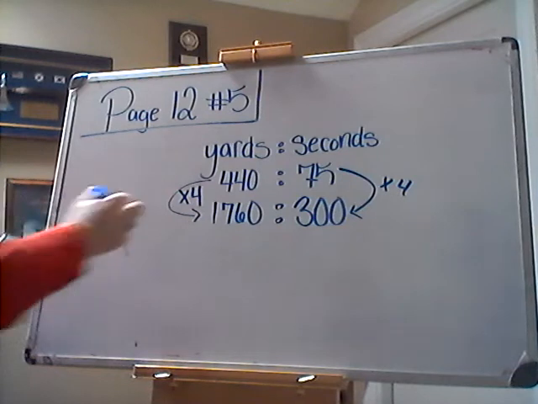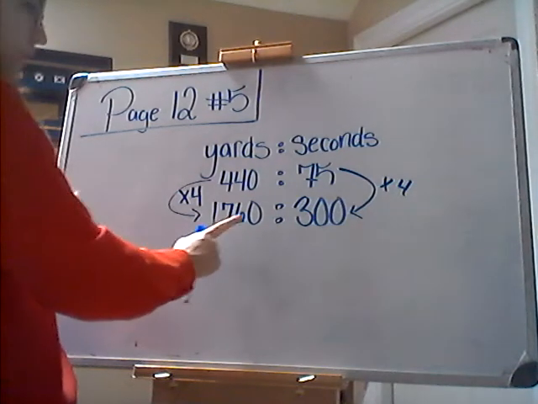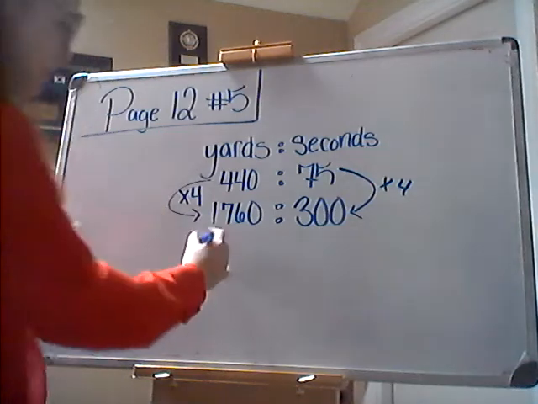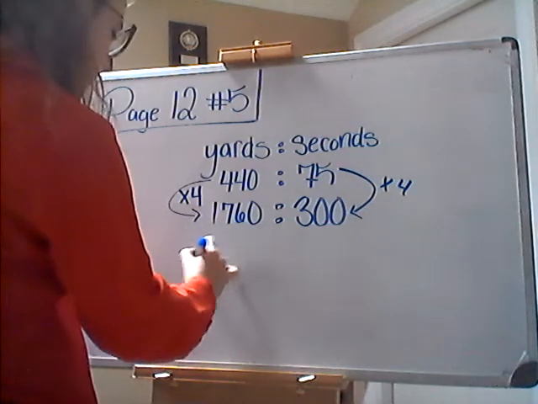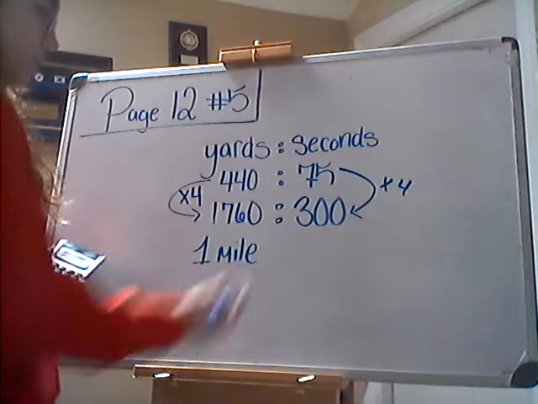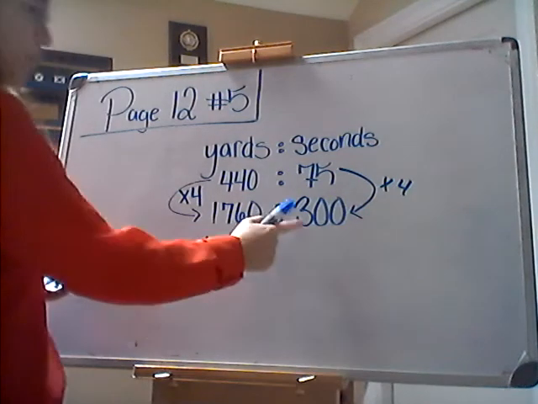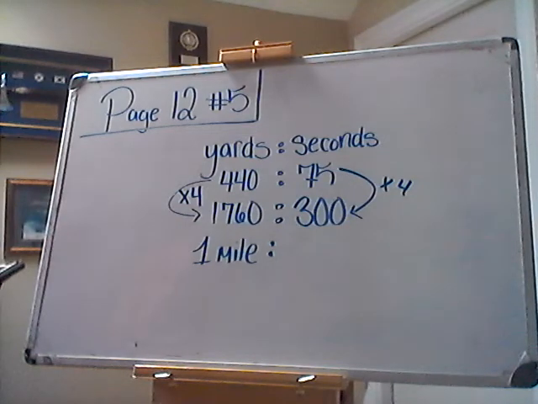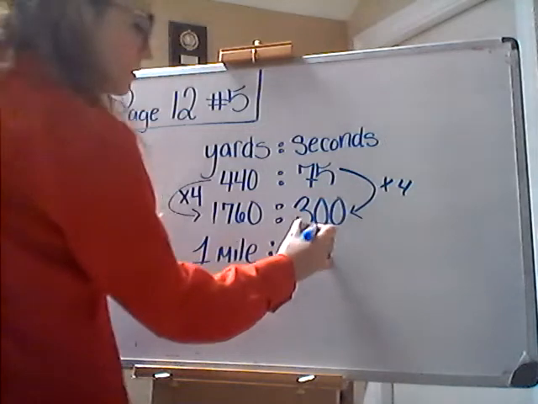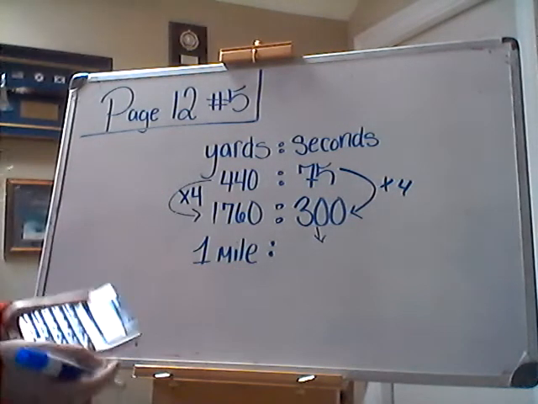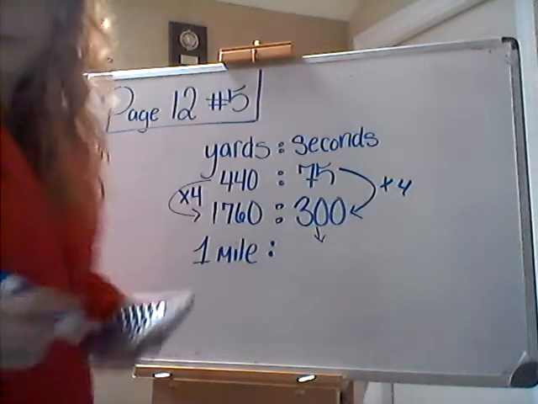So, since 1,760 yards is 1 mile, this is 1 mile in 300 seconds. We can convert 300 seconds to minutes. There are 60 seconds in 1 minute.